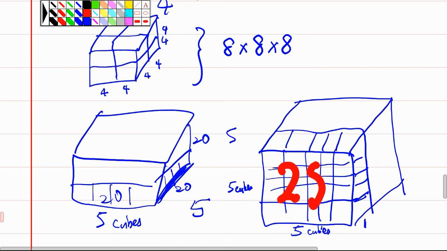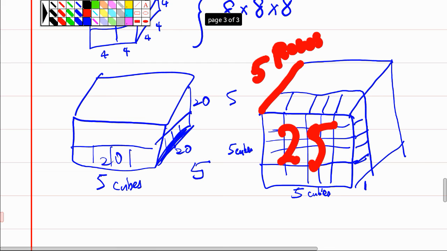Do you follow? How many rows do I have? 4 or 5? There are 5 rows, right? So over here, there are 5 rows. So it's 5 times 5 times 5. Why do you say 5 times 5 times 4? I'm trying to confuse you, right?